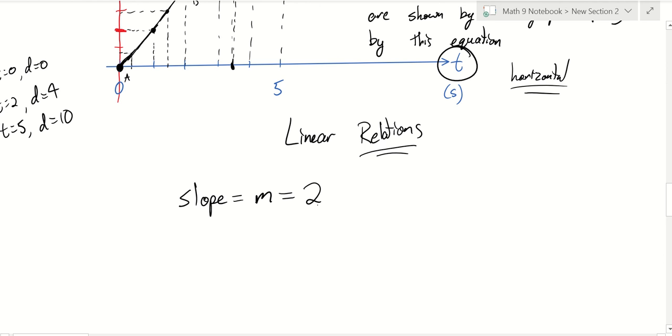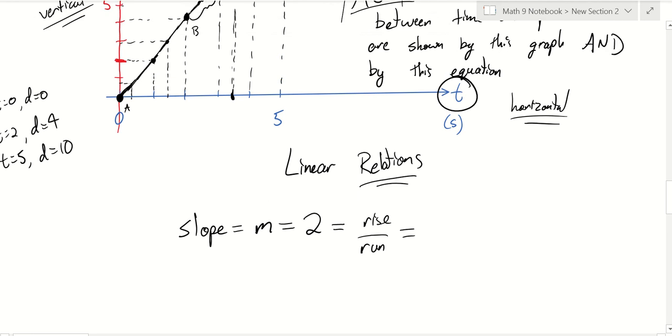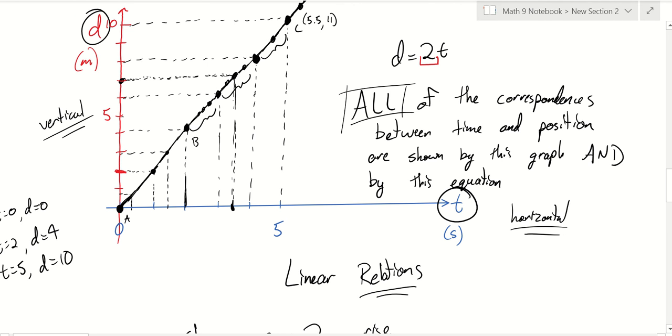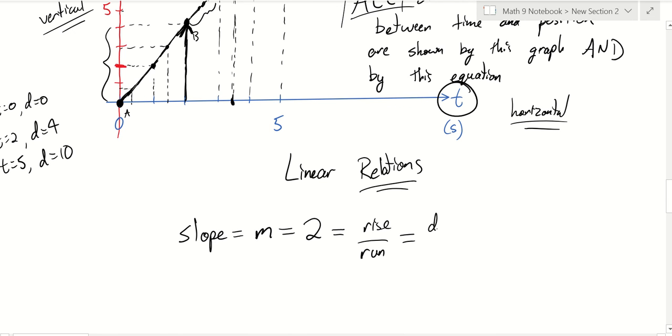And what does our slope represent in this particular case? Well, the slope is really just the rise over the run. What is the rise charting? The rise is charting some difference in y values or position values. So distance.